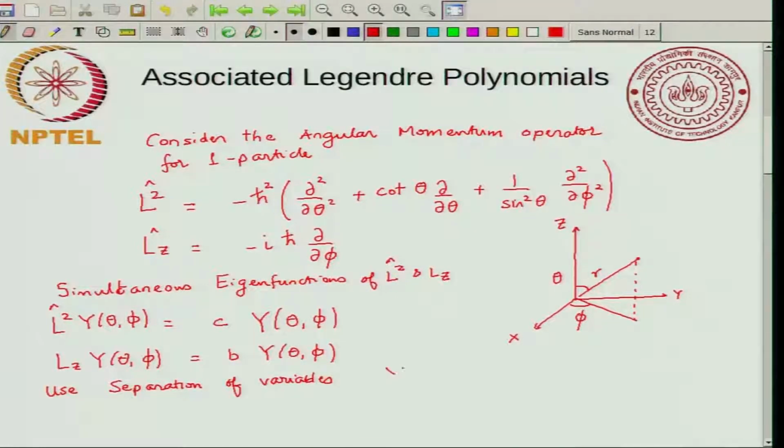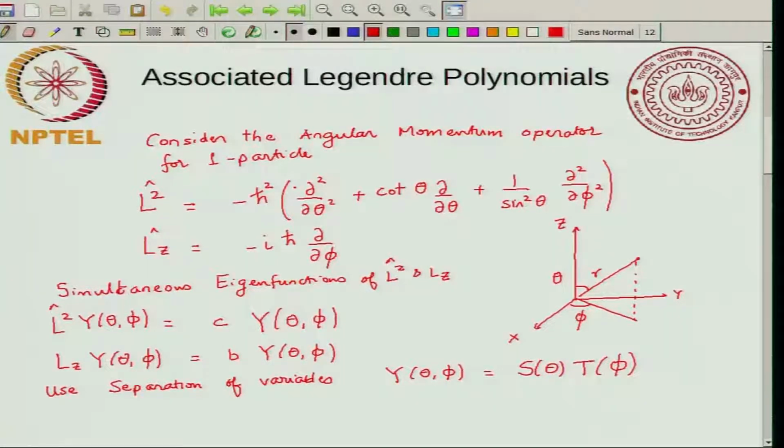You say y of theta, phi is written as a function s which is only a function of theta, times t which is only a function of phi. So we start with this, and we substitute y of theta, phi equal to s of theta into t of phi in these equations.